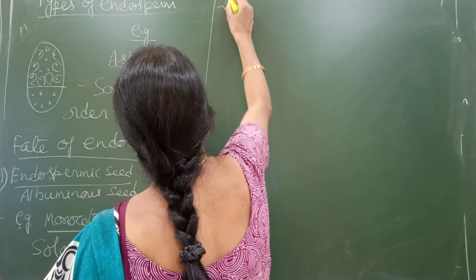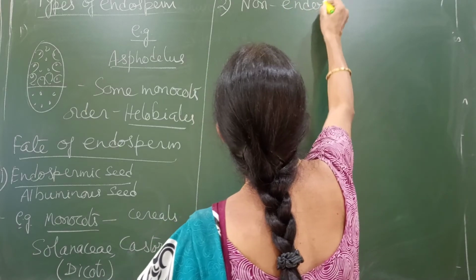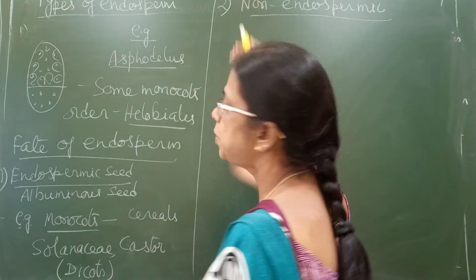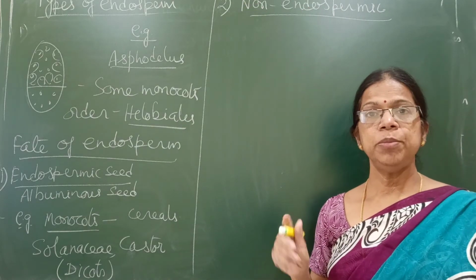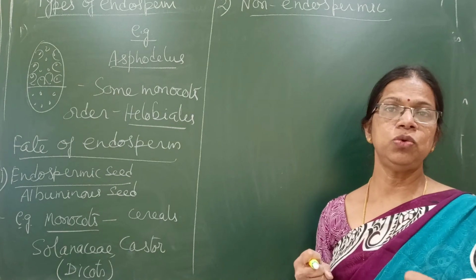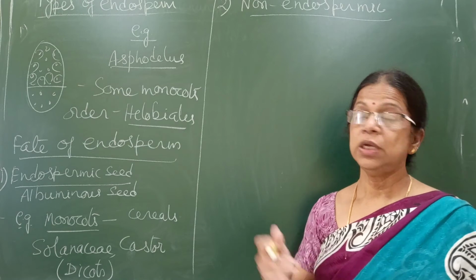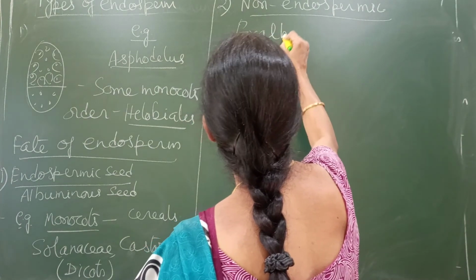Now, the second type are called non-endospermic seeds. Here endosperm is completely consumed by the growing embryo. The embryo will completely absorb the nutrition and almost no endosperm is left. So this is also called ex-albuminous seeds.